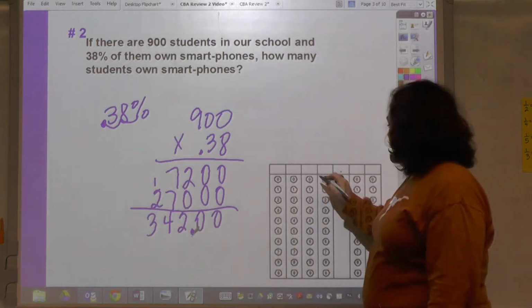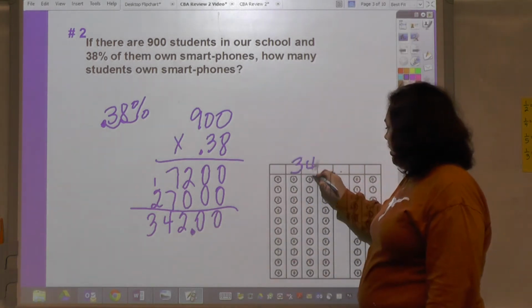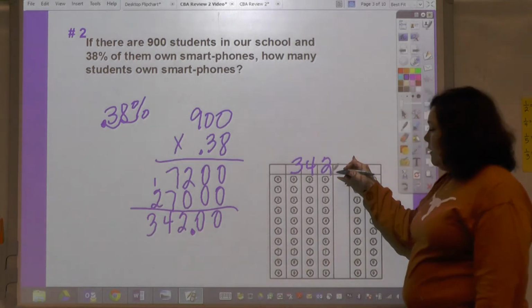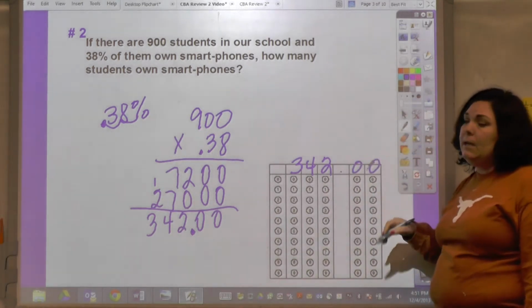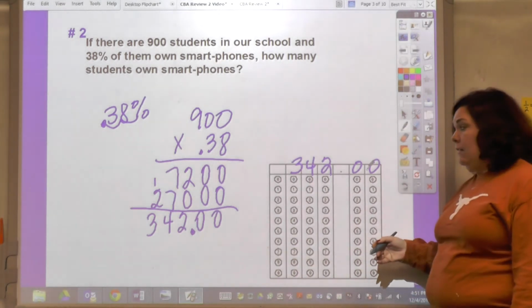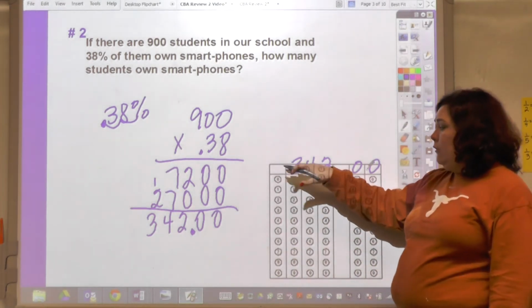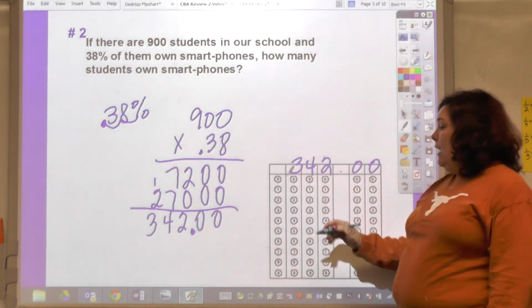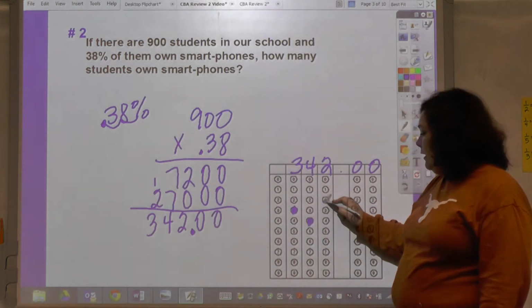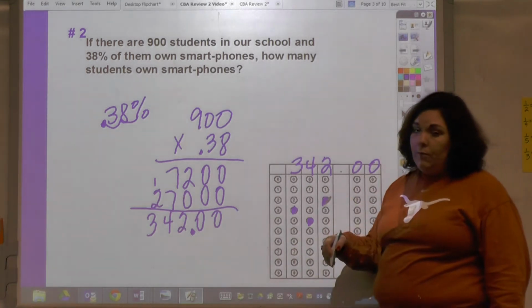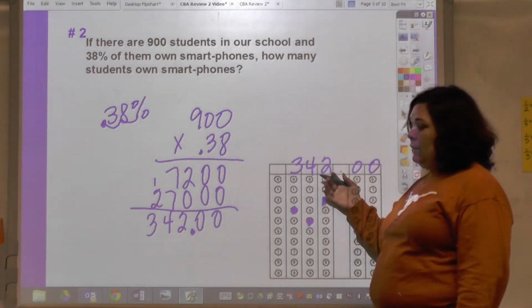So my answer is 342. And I put it here, and nothing goes here. I can put 0, 0 to hold the place, but I don't have to put anything there. But I do have to put the 300 over here. And I have to grid it, I have to bubble it in for the computer to read it and know that I got that right answer.